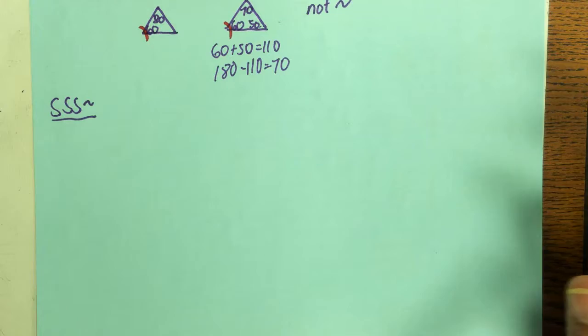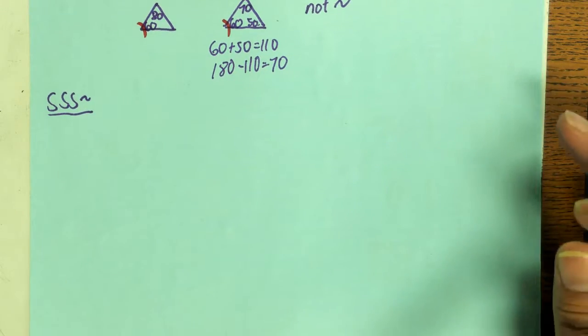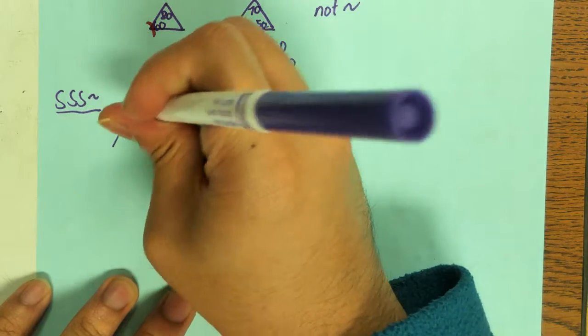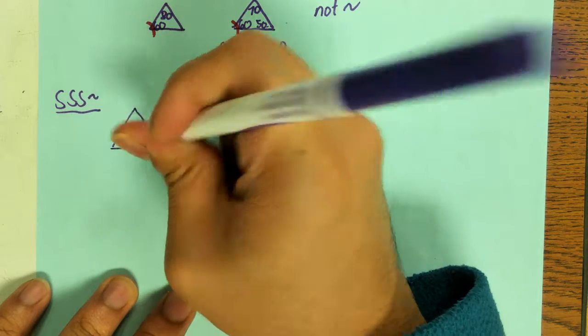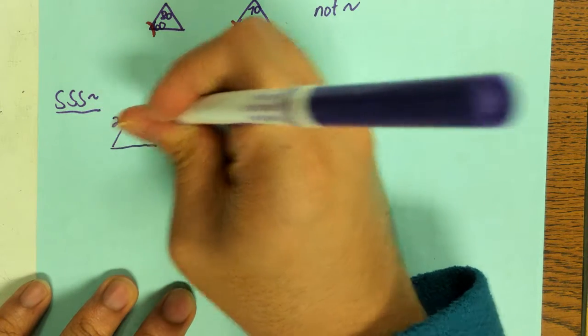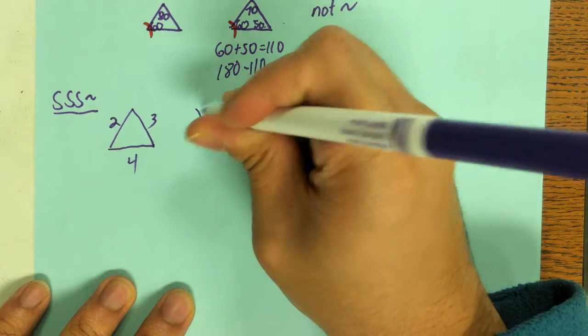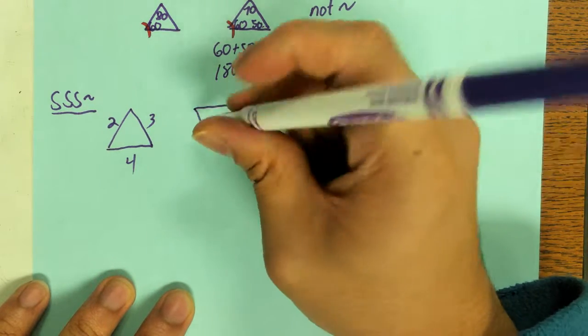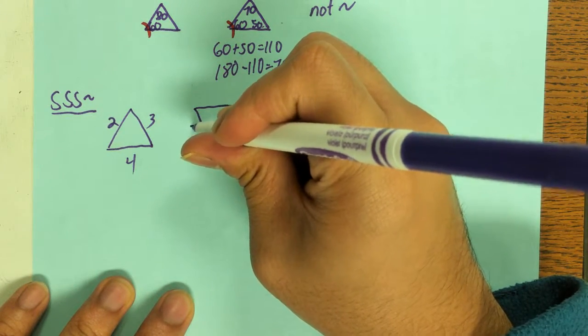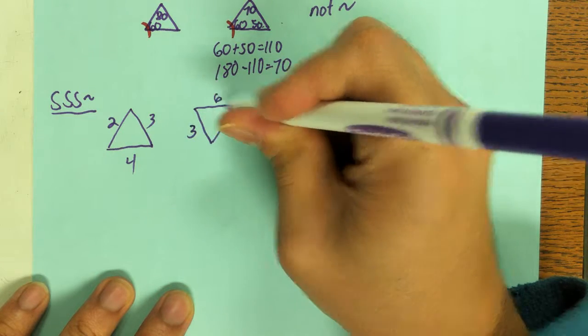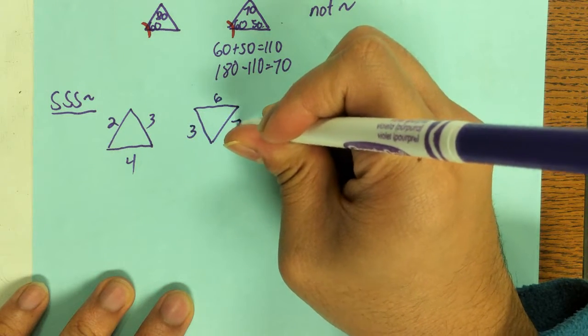For side, side, side, I'm going to show you, whenever you have two triangles, you always have to check the proportions. 2, 3, 4. 3, 6, 7.